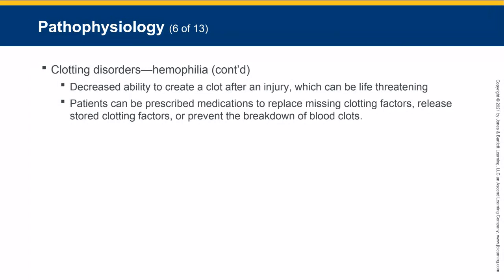So this is decreased ability to create a clot after an injury, which can be life-threatening. Patients can be prescribed medications to replace missing clotting factors. So usually it's caused because a clotting factor is missing, which when they get this clotting factor, it will release stored clotting factors or prevent the breakdown of blood clots.